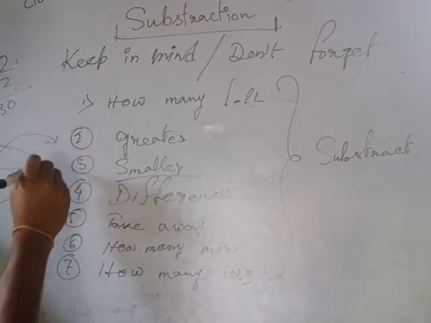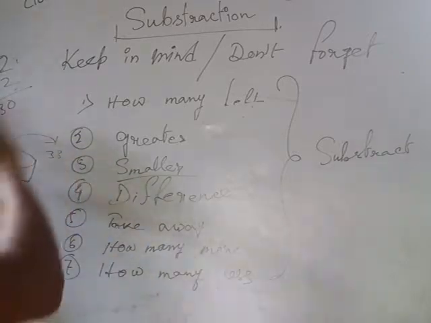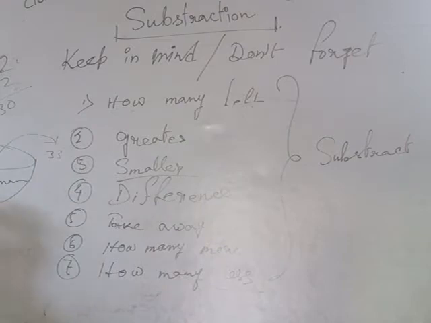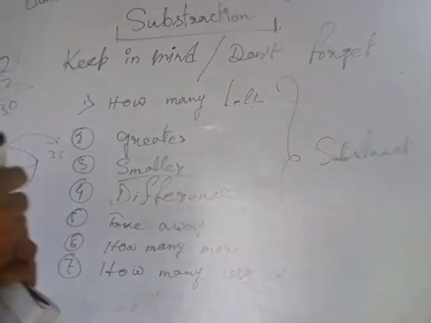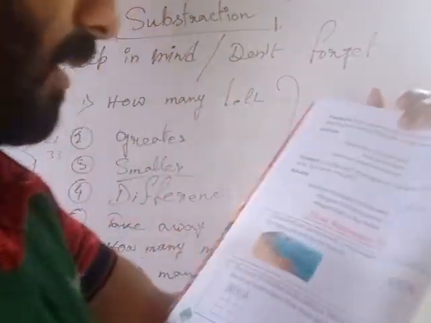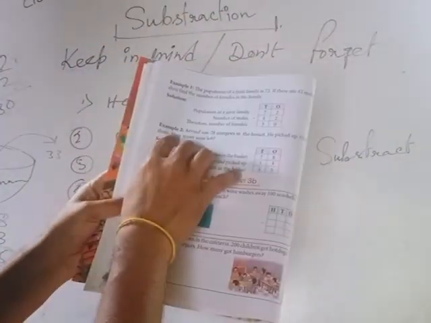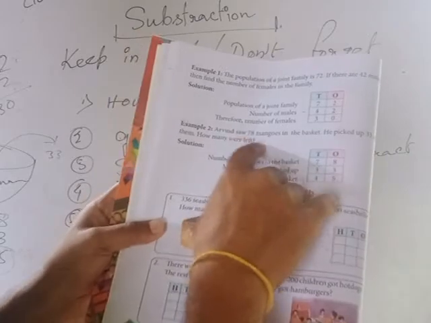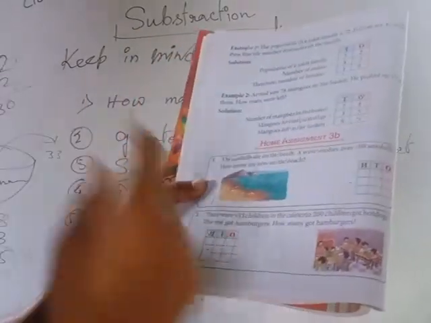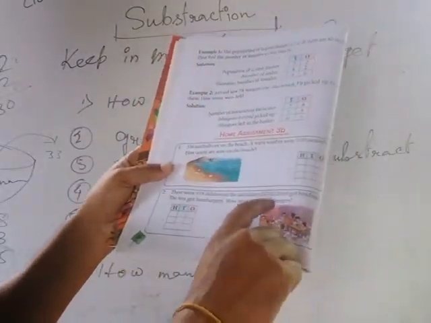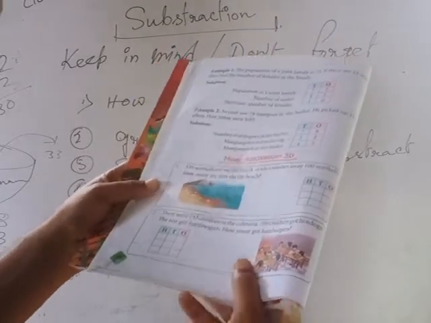How many are left in the basket? So you should subtract the number. 43 are left in the basket. That means you should subtract when it asks how many were left.